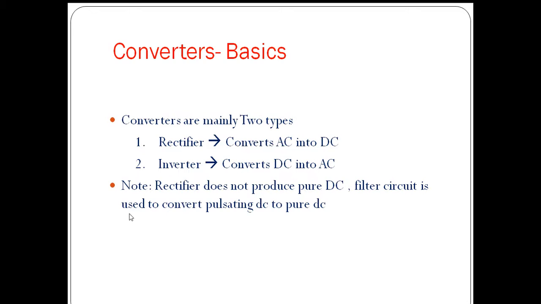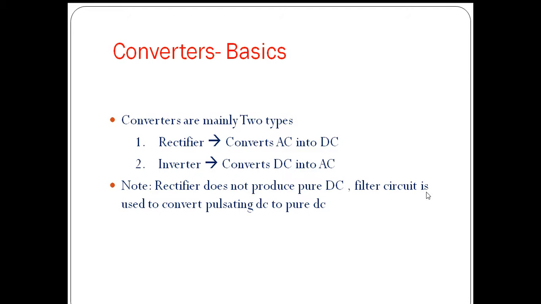Actually, a converter is mainly of two types: a rectifier or an inverter. A rectifier converts AC into DC, and an inverter converts DC into AC. While converting AC into DC, the rectifier may not produce pure DC; the DC output will be in the form of pulses.